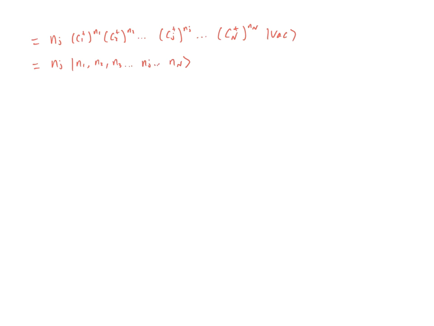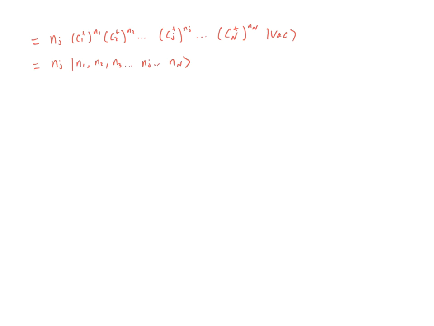Okay, so indeed we've proved, after a bit of algebra, that these occupation number basis states that I've written down here are eigenstates of the nj operator with eigenvalue nj. And that's, of course, the whole reason why we're doing this. Just wanted to show you this once rigorously.